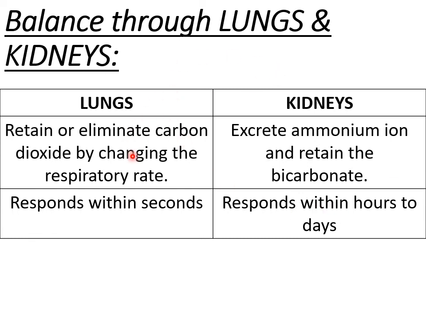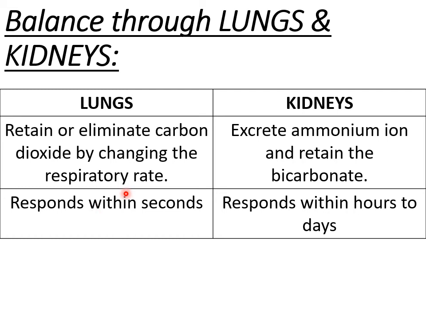So, paano ang balance ng pH using these two organs? Unahin natin ang lungs. So, sa lungs, sabi nga natin, it can control the amount of carbon dioxide, no? By changing the respiratory rate.